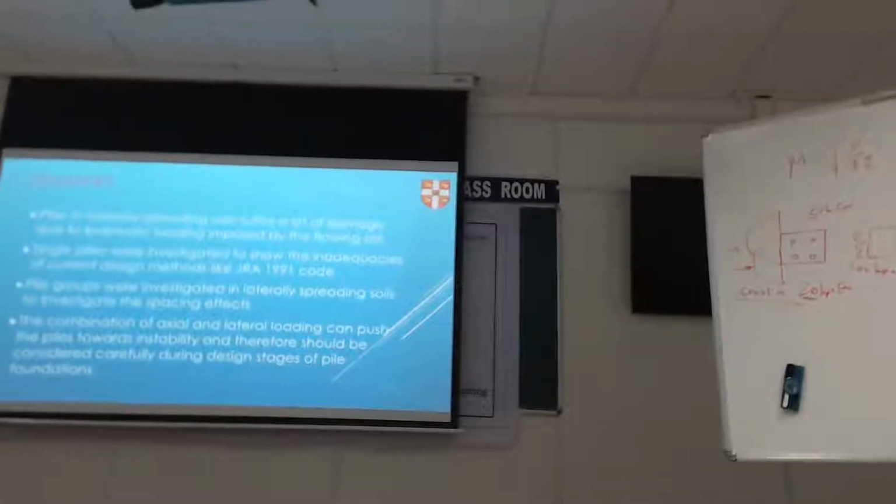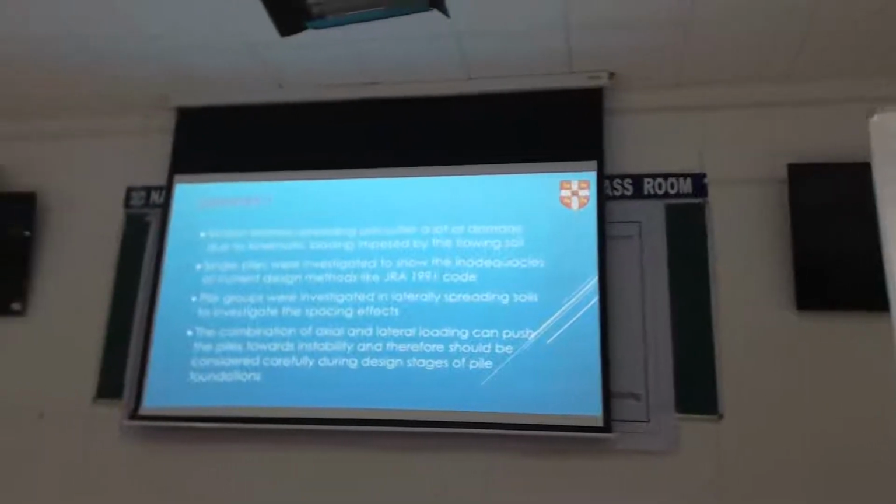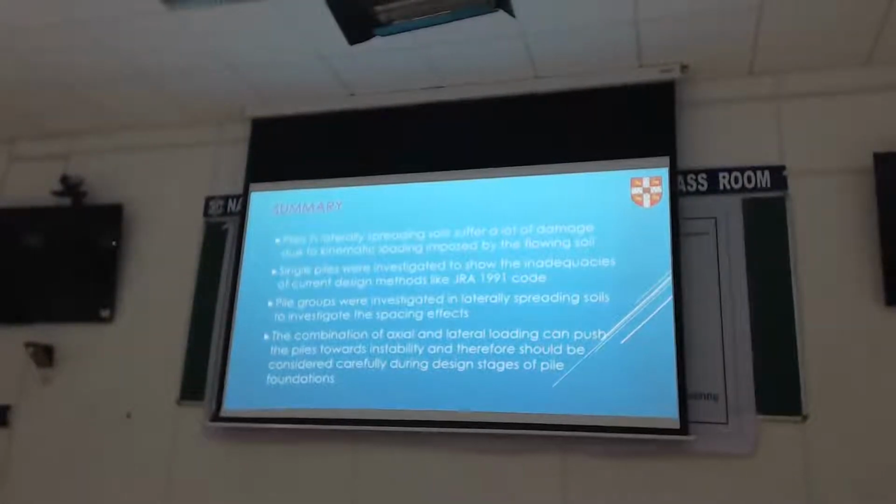We then looked at these pile groups in laterally spreading soils, but this time with varying levels of axial loading. It's important that we consider the combination of axial and lateral load, and that can push the pile towards instability. And you should really be considering this at the design stage of the piles, not after construction of the pile and then when the earthquake happens.